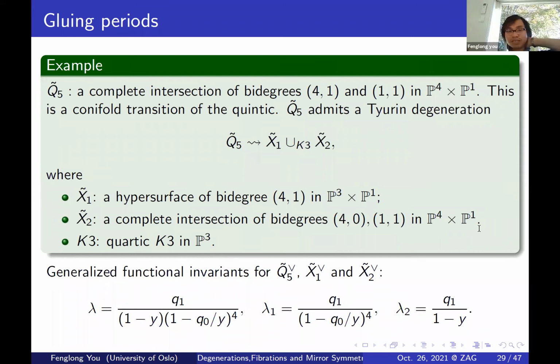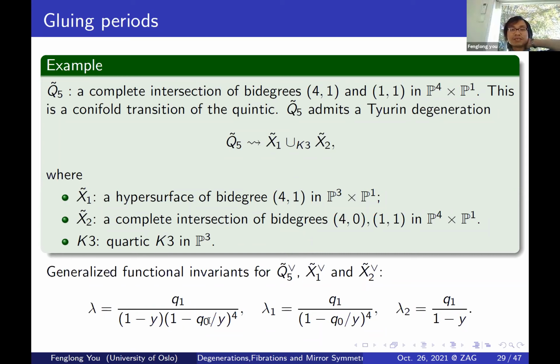And these are complete intersections in a toric lattice, and everything about it is explicit. And the mirrors of these are also explicit. If we write down the mirror equations, then we can compute the corresponding generalized functional invariants.